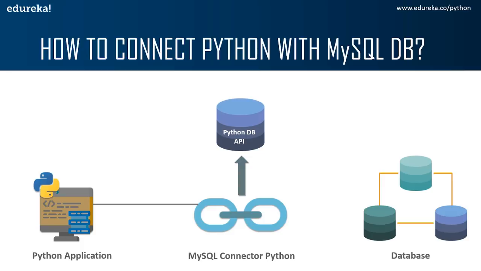Now my front-end Python application will basically send a connection request to the MySQL connector Python API. Then the API will forward the same request to the database, further which the database will accept the request and send the connected message, and then my Python application will send a cursor connection request.